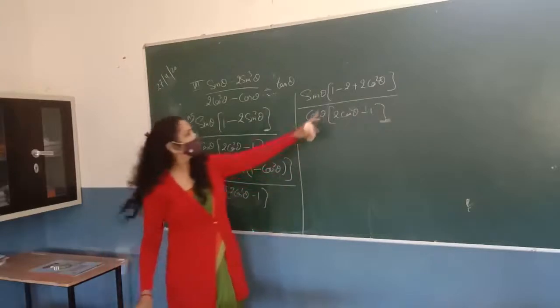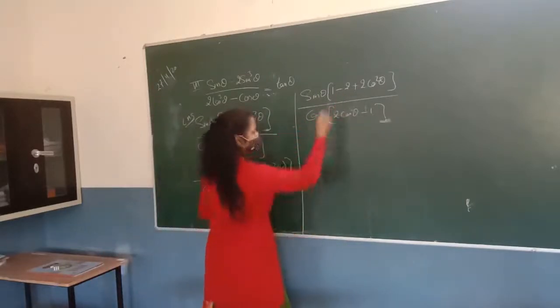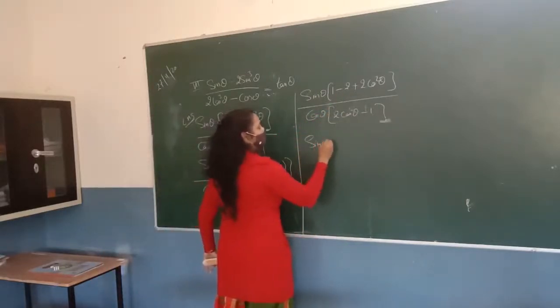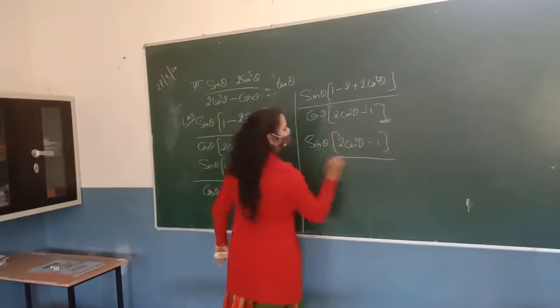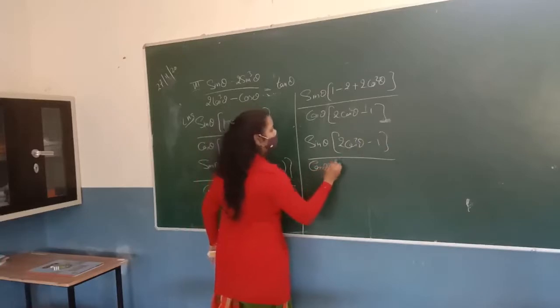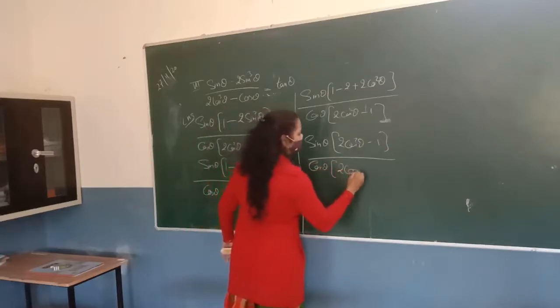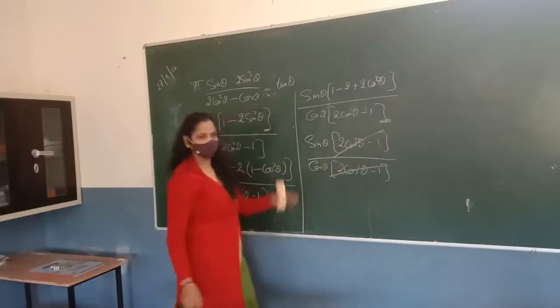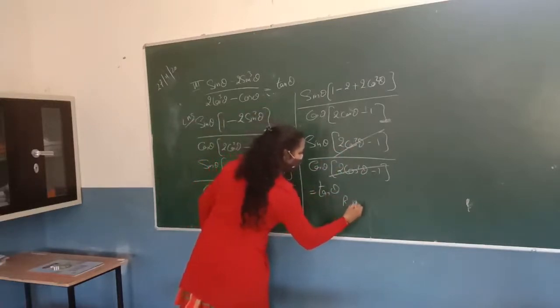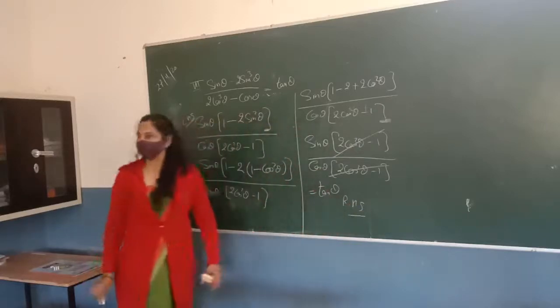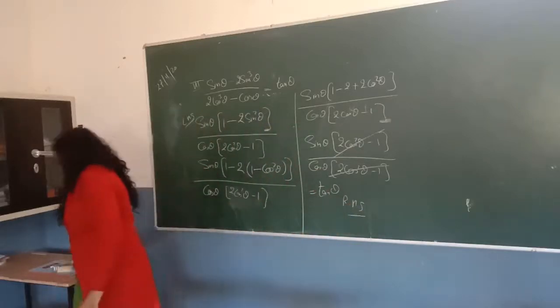Now it will be 2 cos square theta minus 1, same as in the denominator, 2 cos square theta minus 1 upon cos theta within bracket 2 cos square theta minus 1. Cancel out and we get sin upon cos, that is equal to tan theta. RHS is clear. Any doubt? Clear? Please type answer.